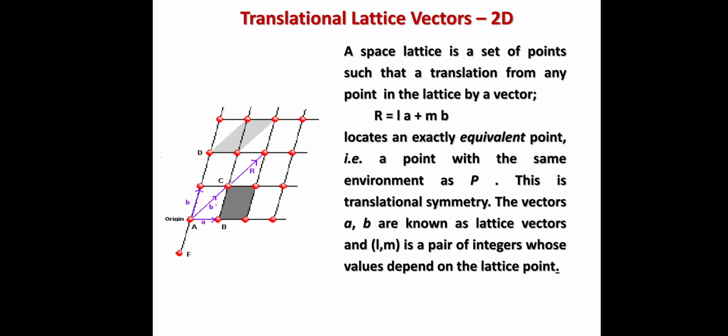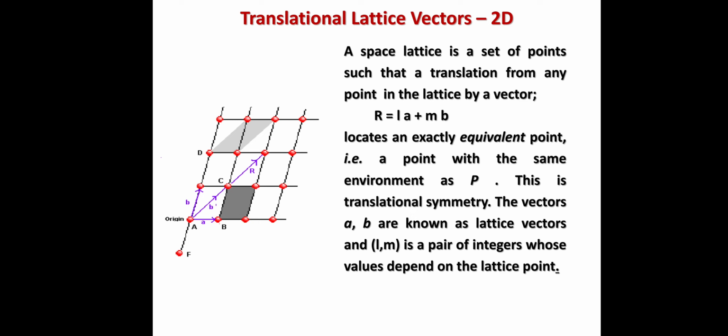The vectors A and B are known as lattice vectors, and L and M are a pair of integers whose values depend on the lattice point. So whether it is 1 unit, 2 units in the x direction or y direction, the diagonal of that is given by this translational vector, which is equal to LA plus MB.